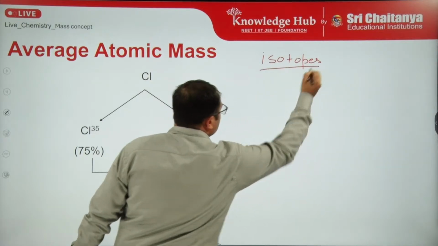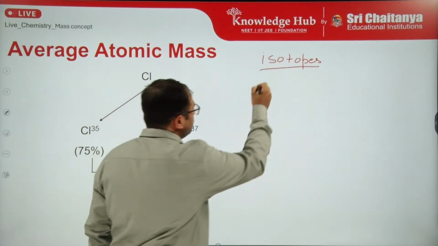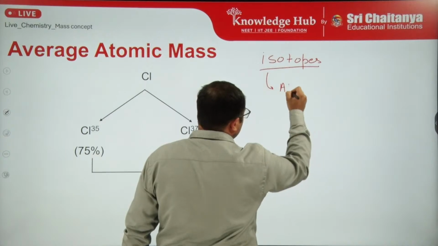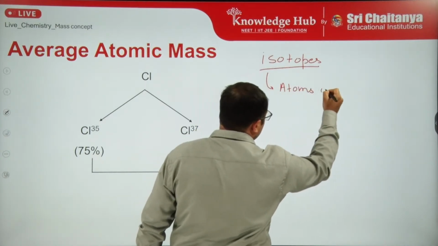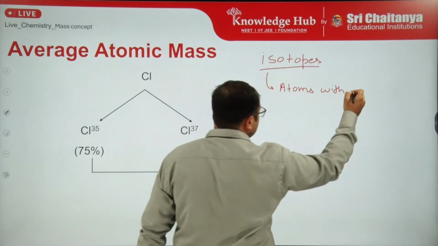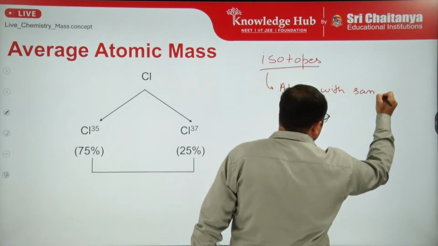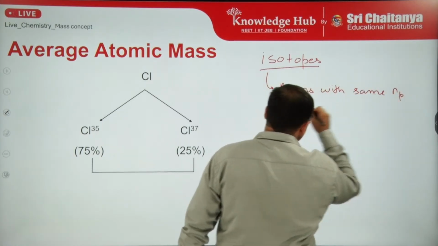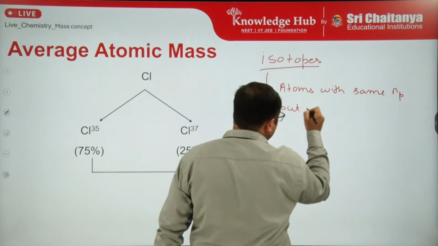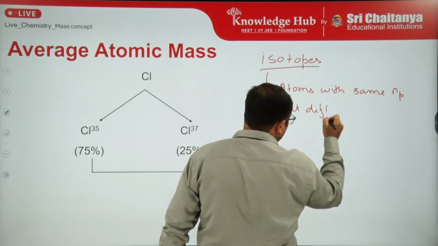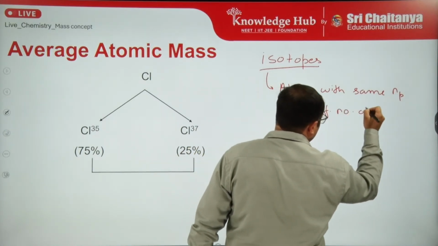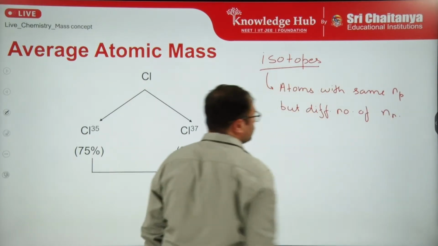Isotopes are nothing but atoms with the same number of protons but different numbers of neutrons, right?